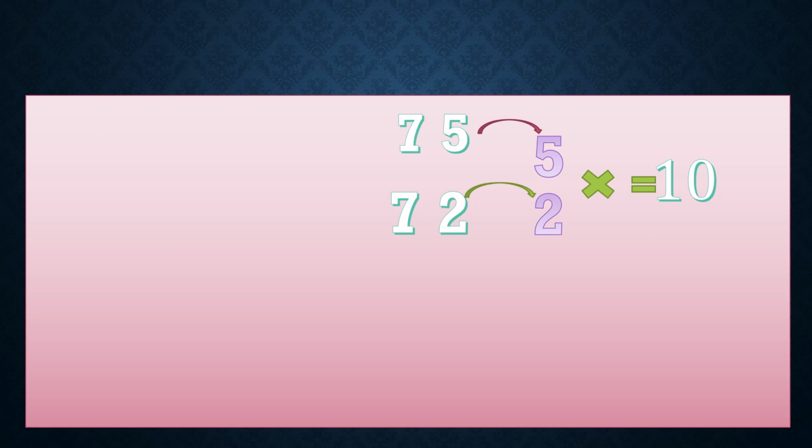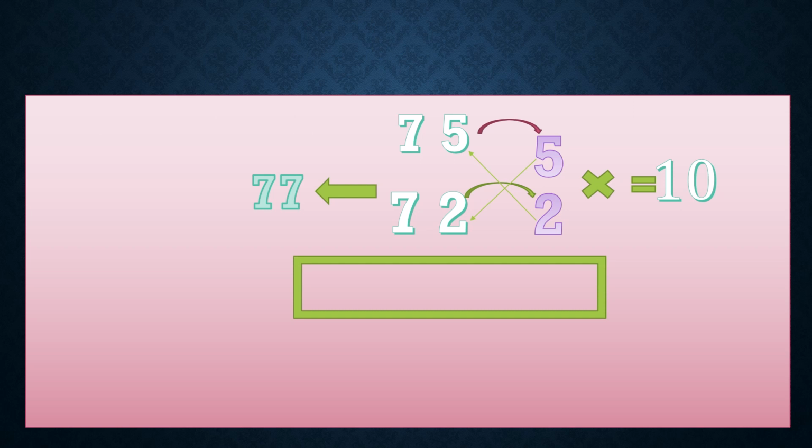Now, what we do is cross addition. Either we do 75 plus 2 or we do 72 plus 5. In both ways we get the same number, 77. Now we can write both 77 and 10 in this way.